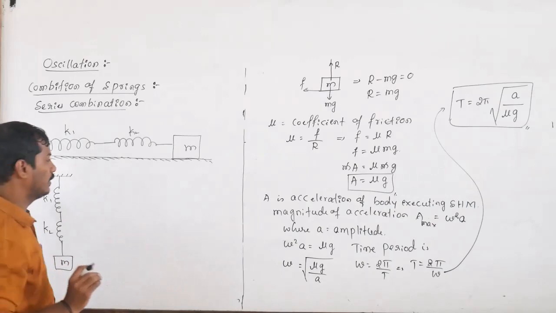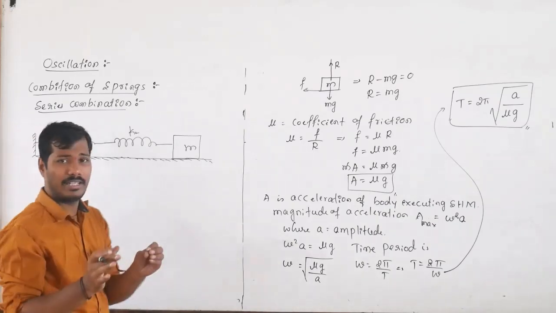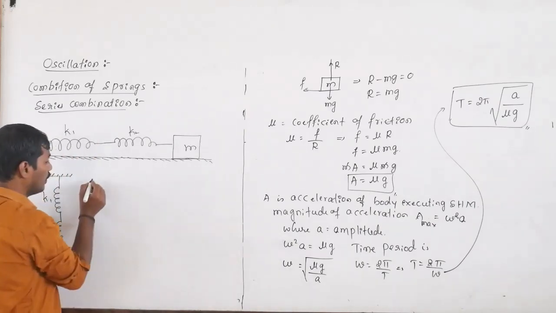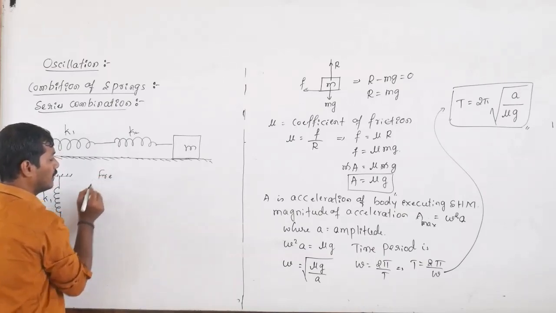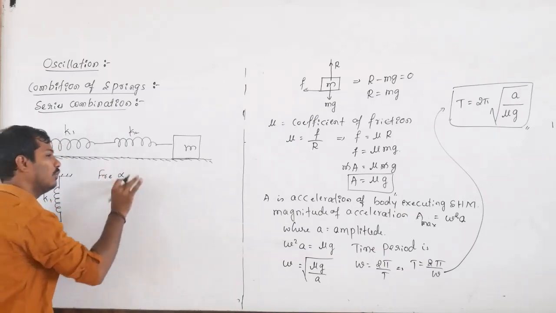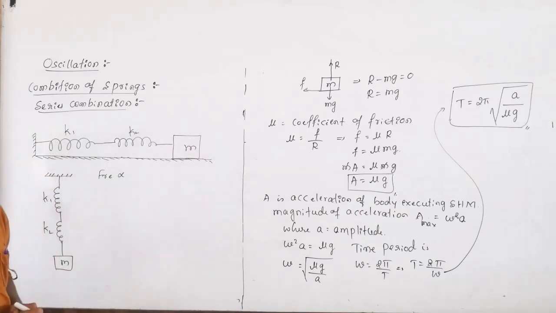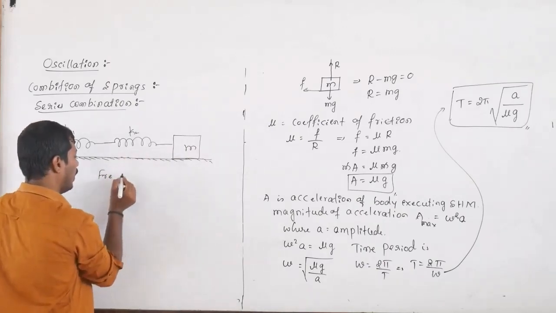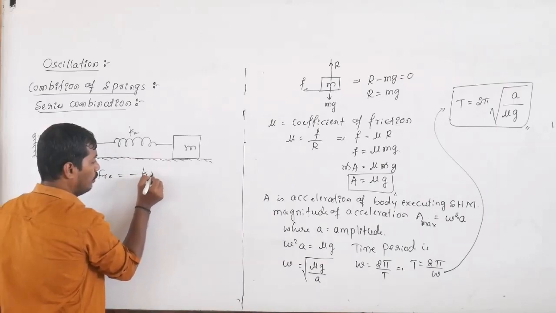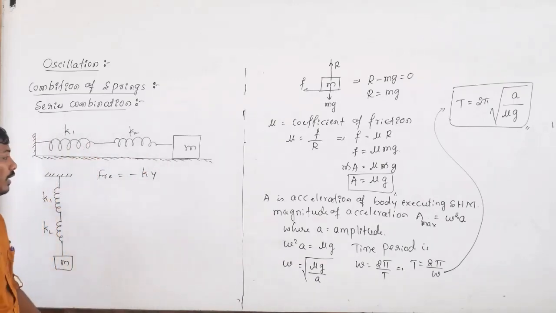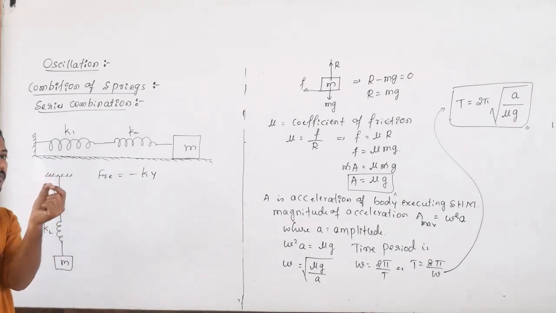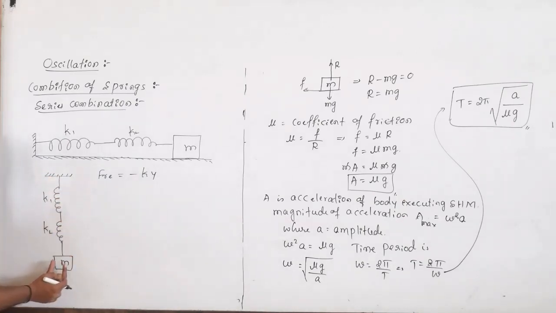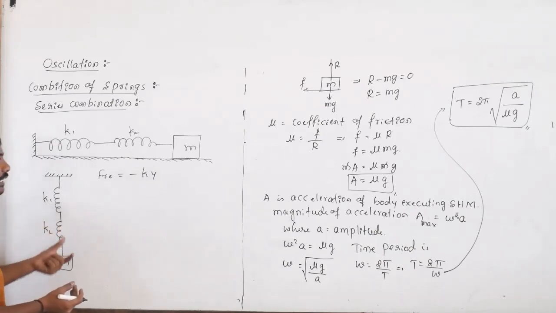We already know that the restoring force is directly proportional to the displacement of the body, or directly K into the displacement of the body. In this series combination, a very important point is that the body is moving continuously. It means the spring is elongated and compressed continuously.